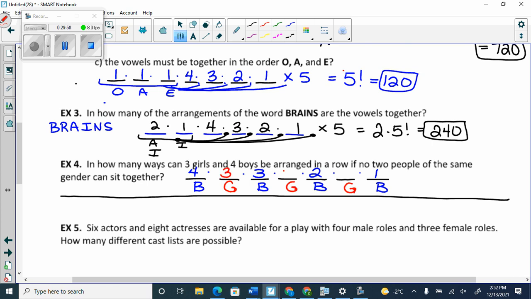Then 2, then 1. Now I made them different colors so that you could see the blue makes something and the red makes something. What does the blue make? 4 factorial. And what does the red make? 3 factorial. So I can just go 4 factorial times 3 factorial. 144.